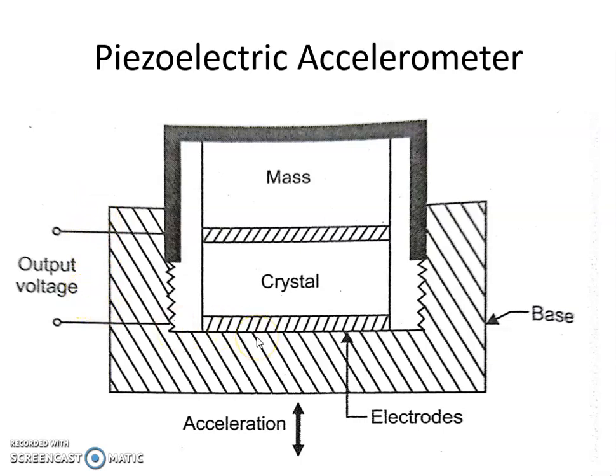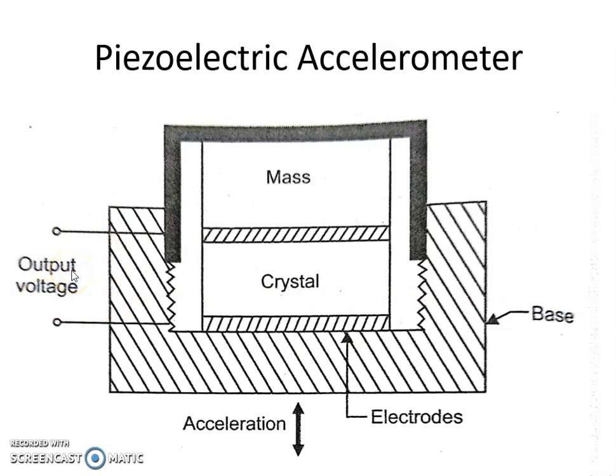Now according to Newton's second law, force is equal to mass into acceleration. So here mass is constant and therefore force is directly proportional to acceleration. Therefore, as the acceleration applied to the base increases, obviously the force applied to the piezoelectric crystal also increases. And as the force applied to the crystal increases, more voltage will be developed across its surfaces.